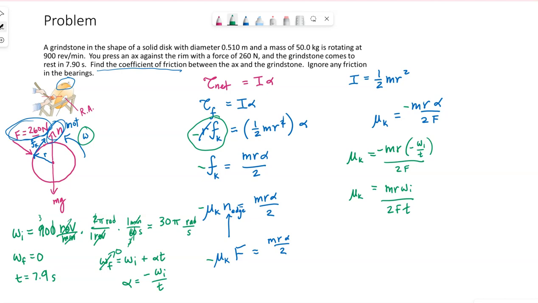It's also possible to just say the torque is positive and use the magnitude, the positive value of alpha, just put in the magnitude of it, because the change in velocity comes from this torque. So they have to be in the same direction. So let's go ahead and plug numbers in. So the mass is 50 kilograms.